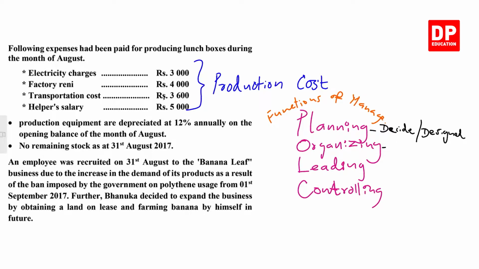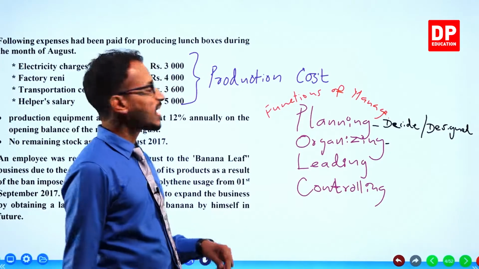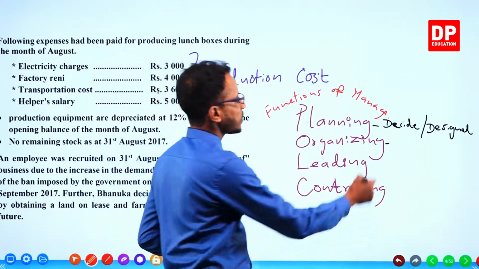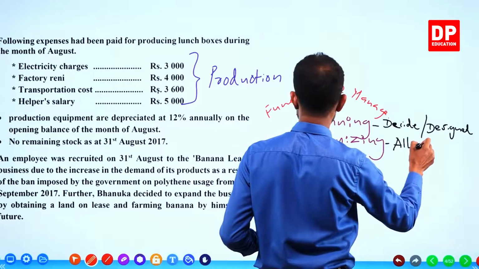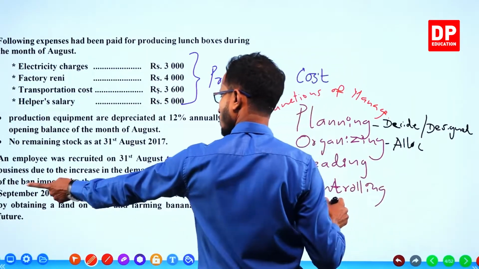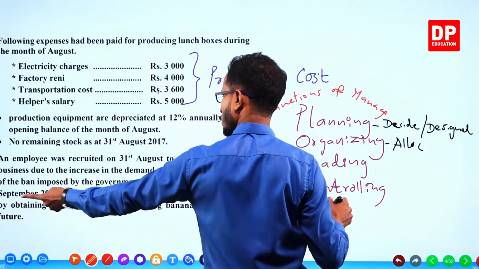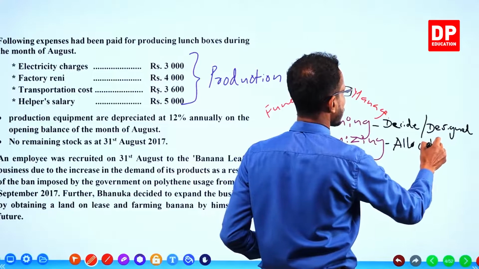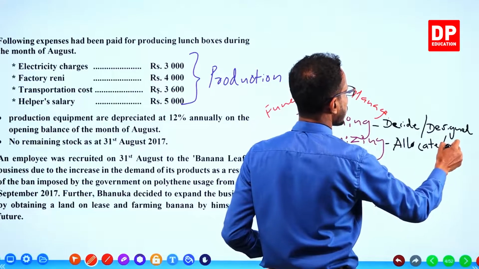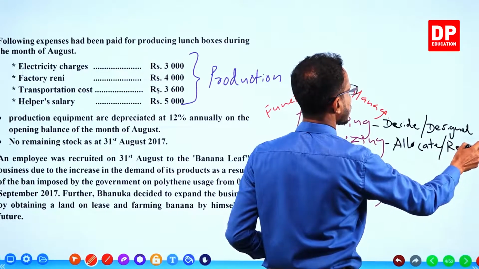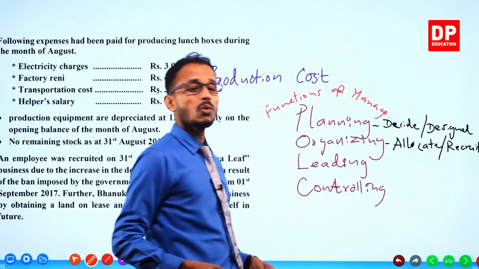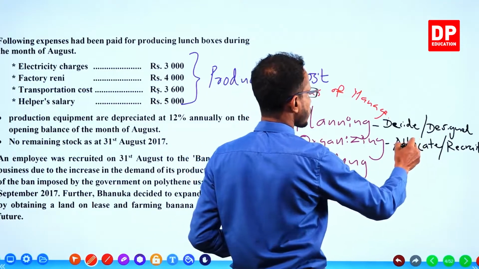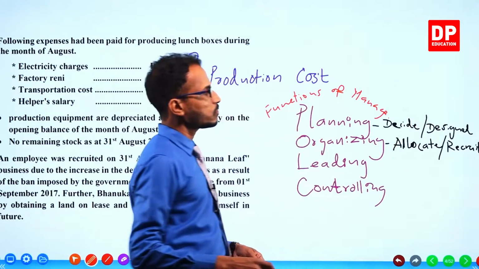These type of words. For organizing, what type of words can you notice? Allocate, recruiting employees, that is an organizing part. Allocate, recruit.